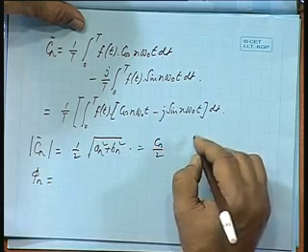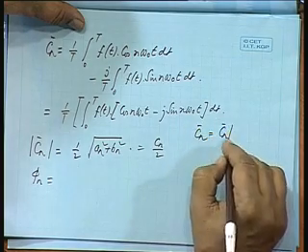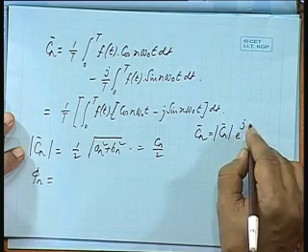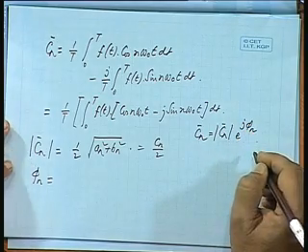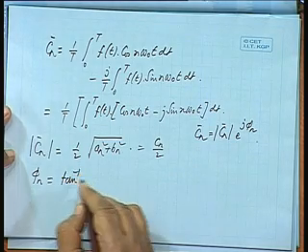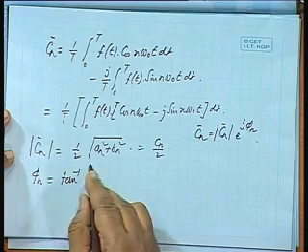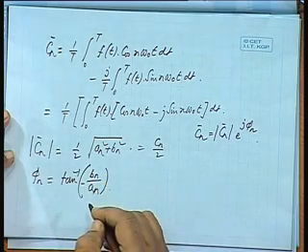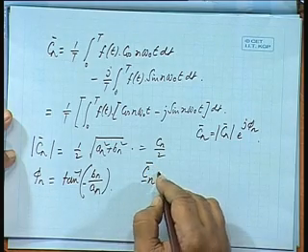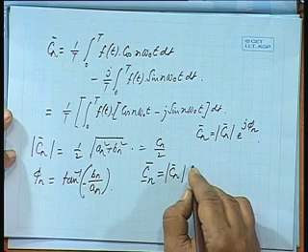So, old Cn by 2 is the magnitude of Cn bar. If you write Cn as the magnitude of Cn bar times e to the power j phi n, then phi n is tan inverse of bn by an with a negative sign.